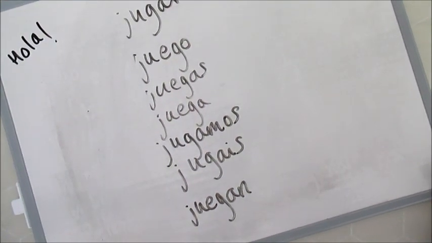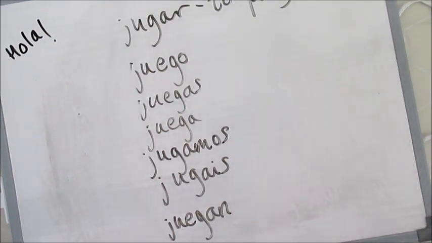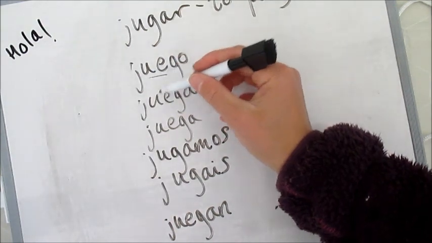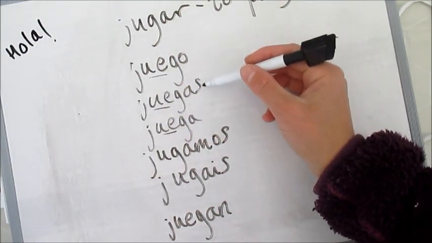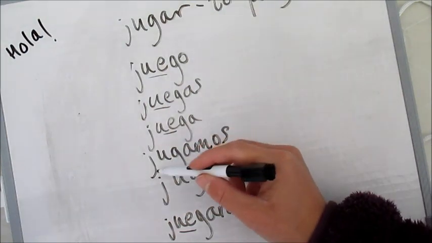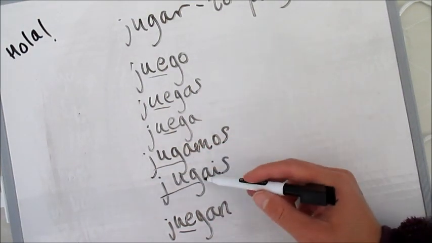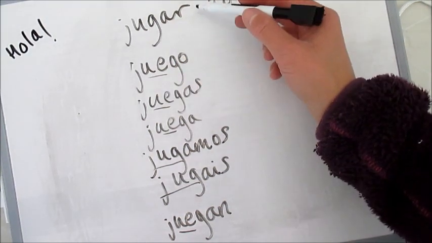So even though the verbs are irregular and they don't quite follow the same patterns as the others, some of the irregulars do have this similarity where this part will change for the I, you, he and they forms, and then it will stay the same for the we and you all. So here we've got jugamos, jugáis, and the verb is jugar.